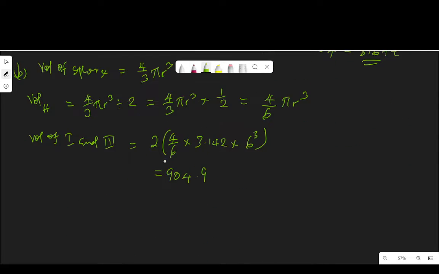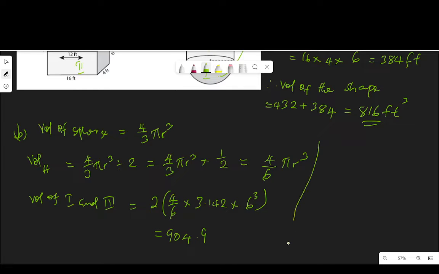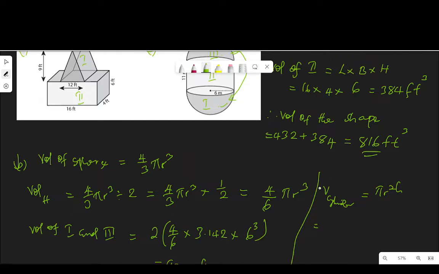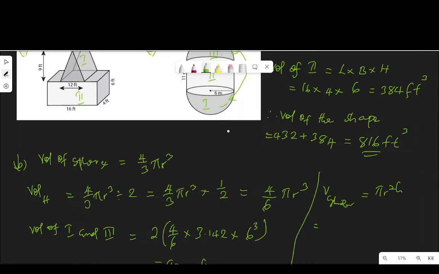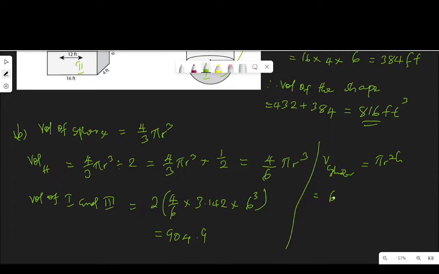The volume of cylinder, let me do it here. The volume of cylinder we know is pi r squared h. The cylinder here shares a base with this hemisphere, and the radius is 6. So pi first.